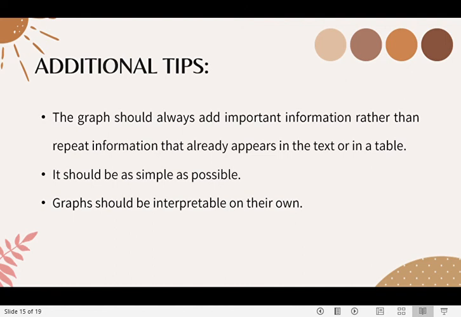You just put in the meaning. That is a mistake that we can make, describing the data although there is a table already being shown. It is just a redundant description of the data. So it should be as simple as possible, and graphs should be interpretable on their own.